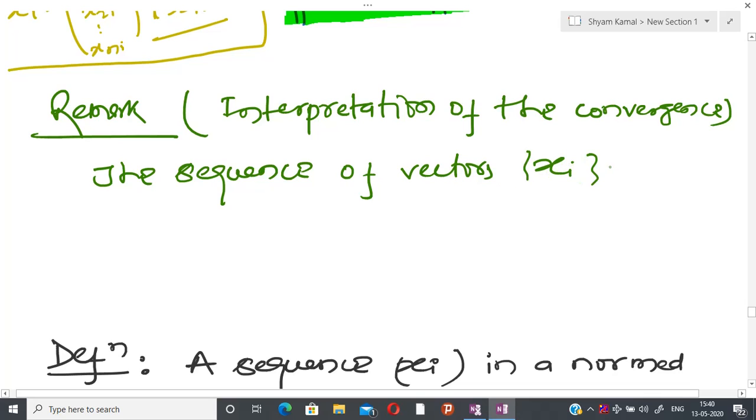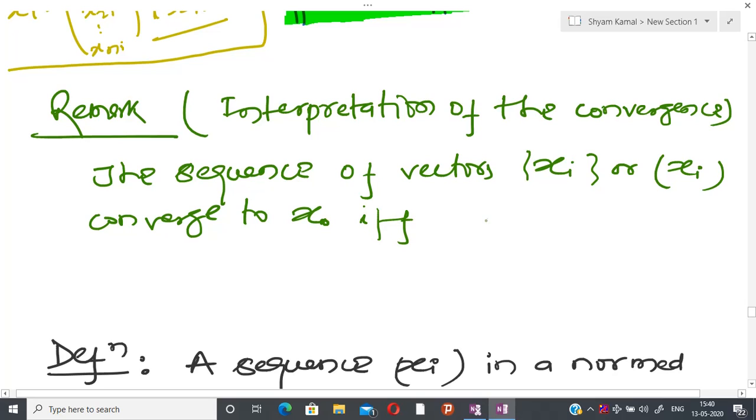You can write the sequence like this or this, that doesn't matter, converges to x0. x0 is the limit point if and only if the sequence of real numbers. Now what we are assuming is that each entry of the vector is a real number.